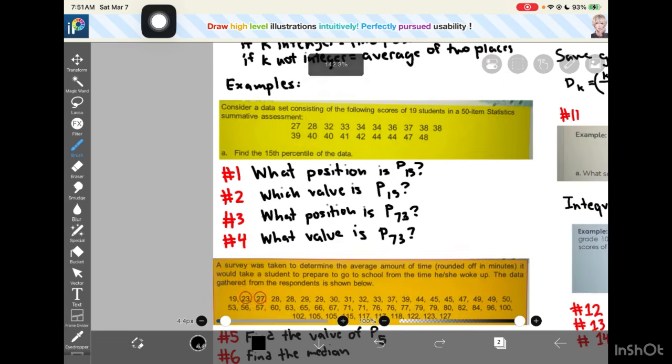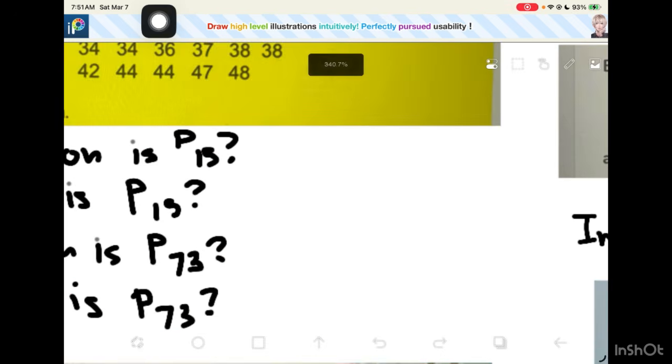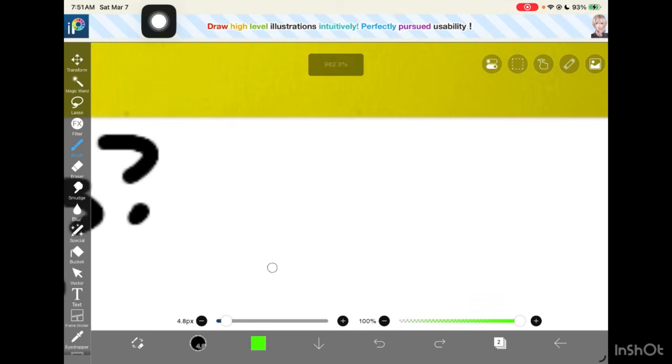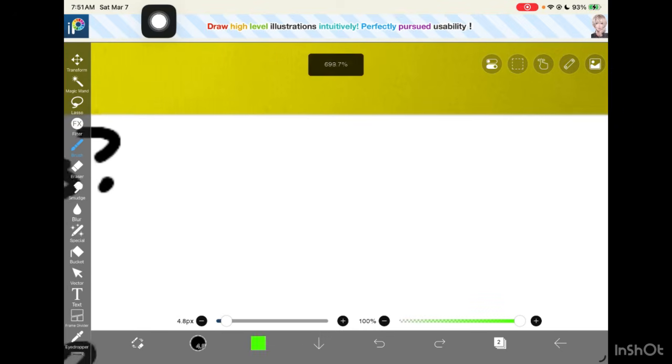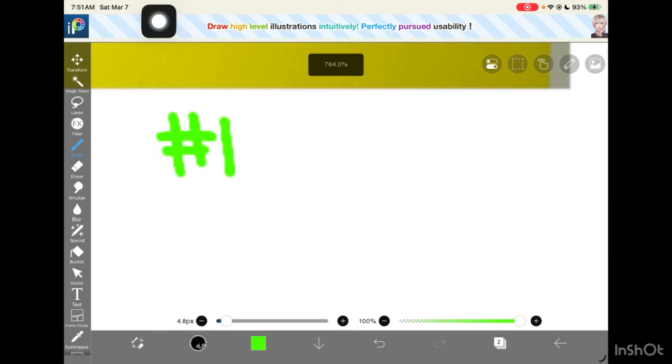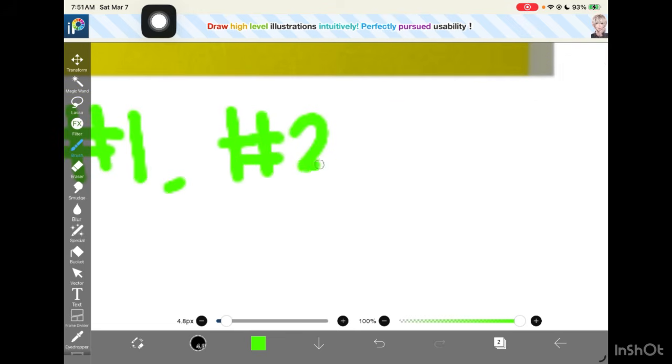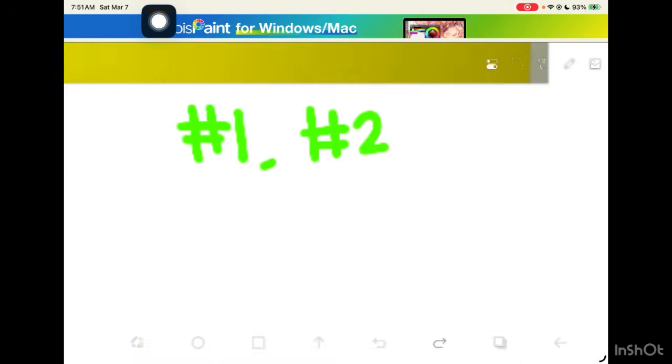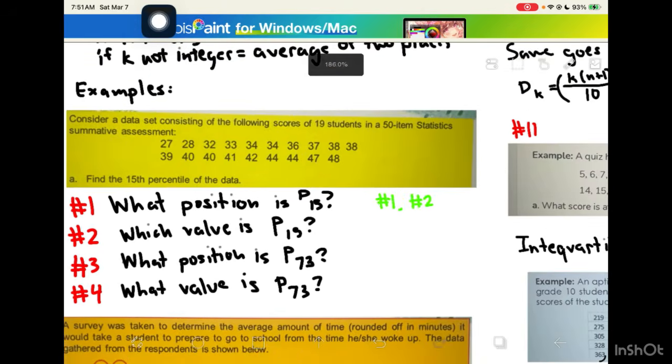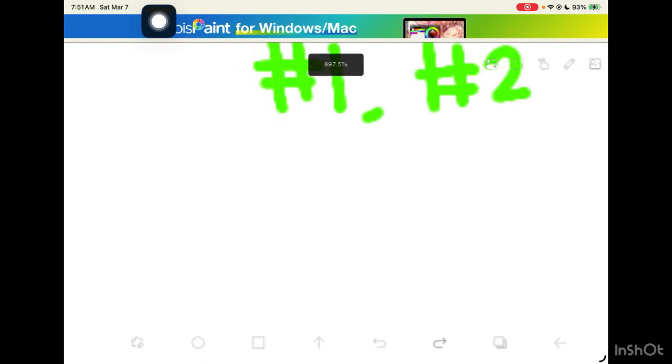So first, let's try to solve for number 1. I have to make it very small here. Here, I think we can do it here. Solution for number 1 and number 2. So first, we need to do this one.